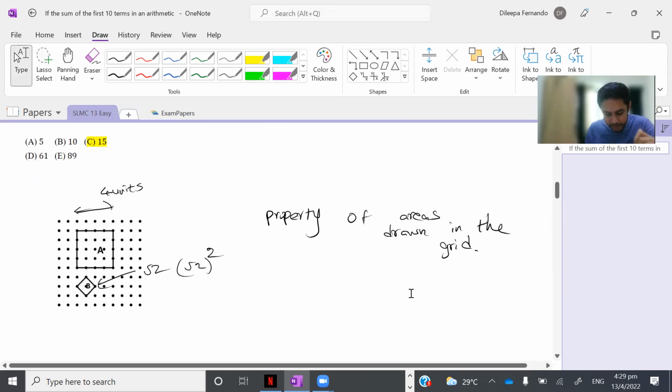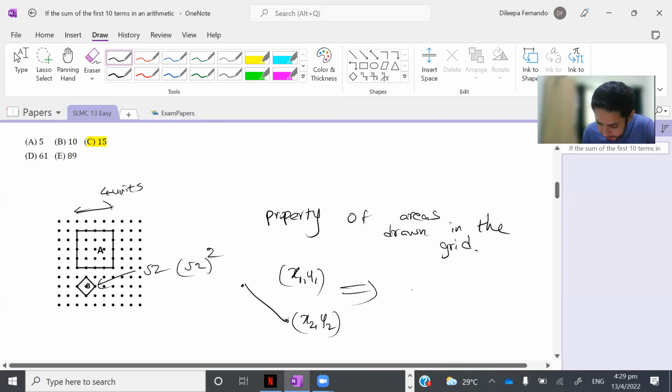The main property is, let's say we have a point x1, y1 when we consider the length of a side, and let's say we have x2, y2 here. You can derive that the area of the square is (x2 minus x1) squared plus (y2 minus y1) squared.